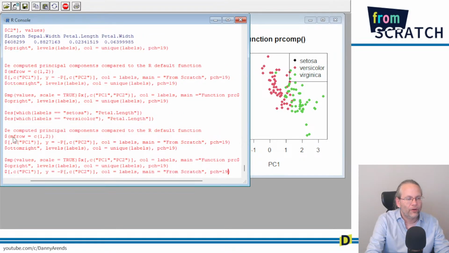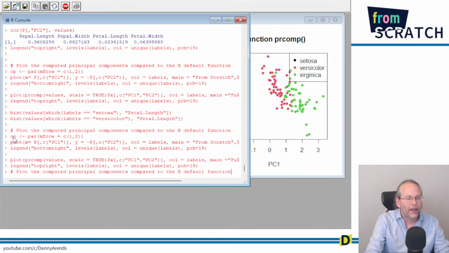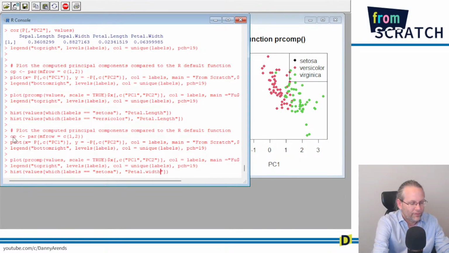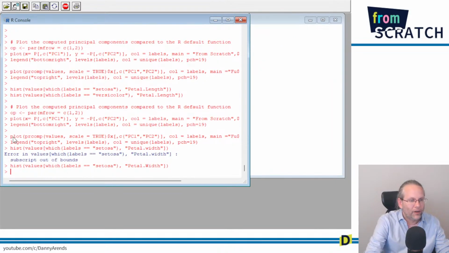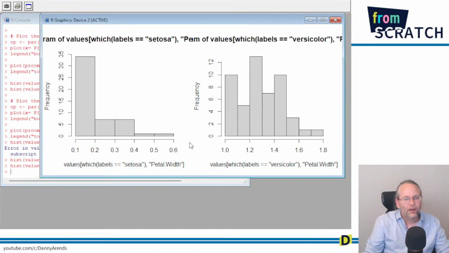If we do the same again, but now with the setosa petal width, probably with a capital, and the versicolor petal width, we would see that this one varies 0.6, this one varies 0.8.